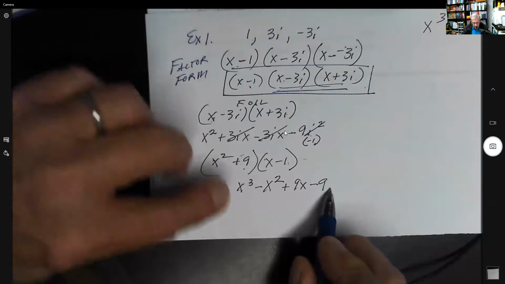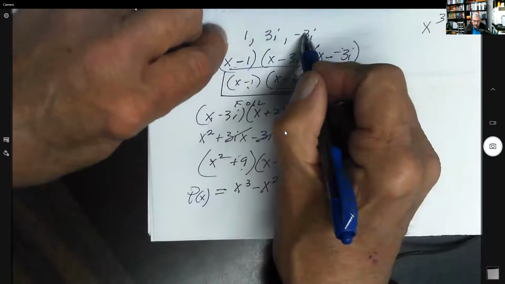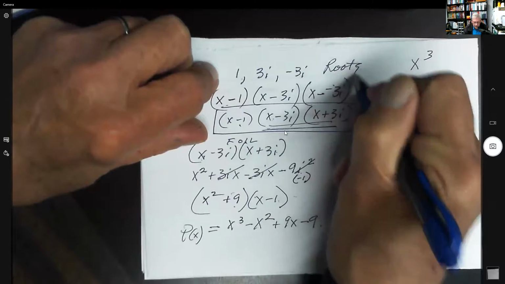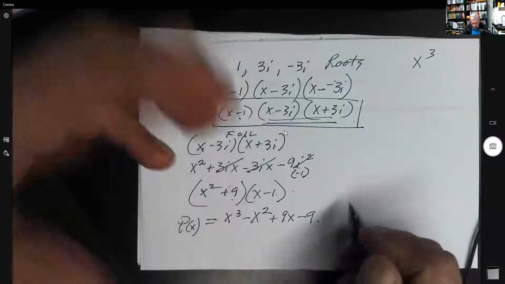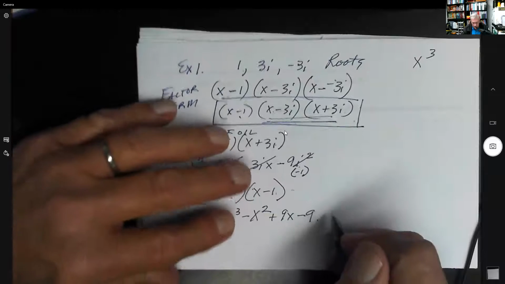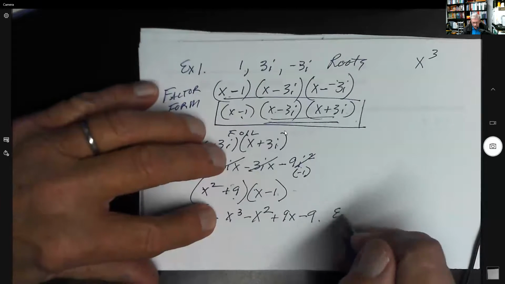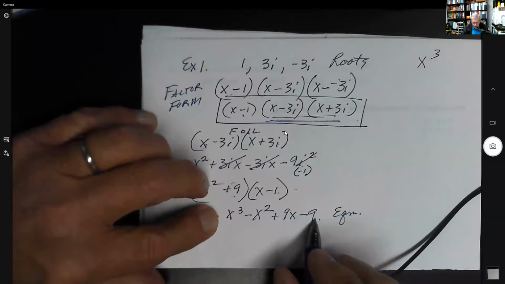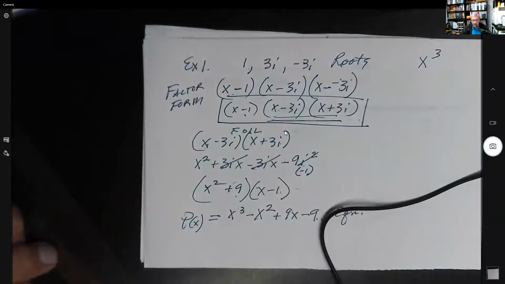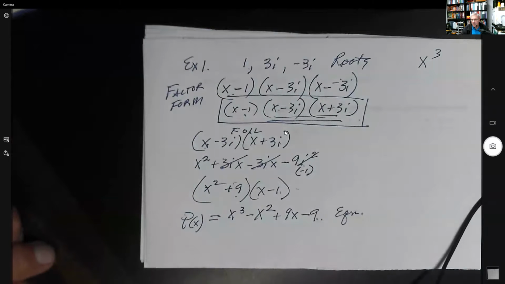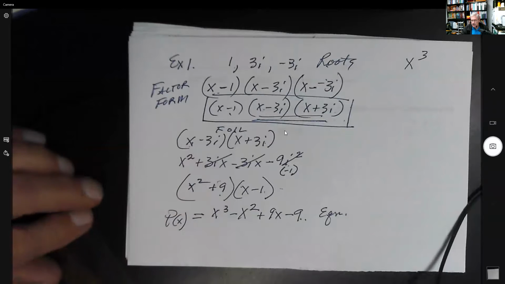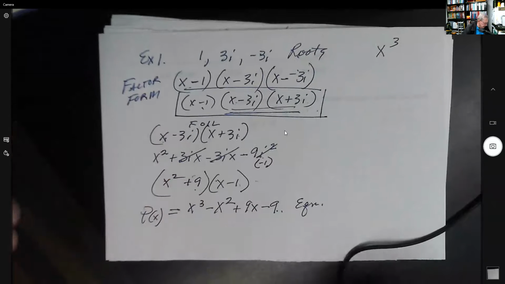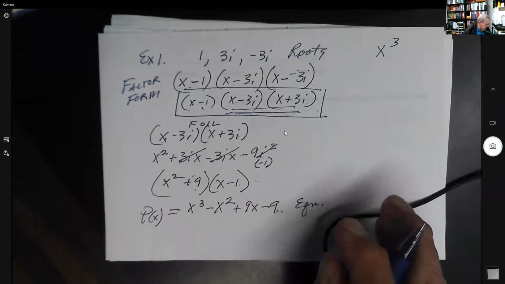And this is the equation that would get these answers. These are the roots. This is the function or the expression or whatever you want to call it. We'll call it equation. If we set this equal to 0, that gave us these answers. Does that make sense? Nonsense, okay. Yes, well, hopefully it helps.